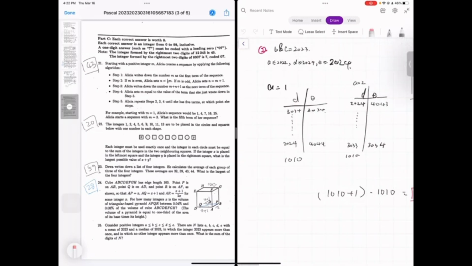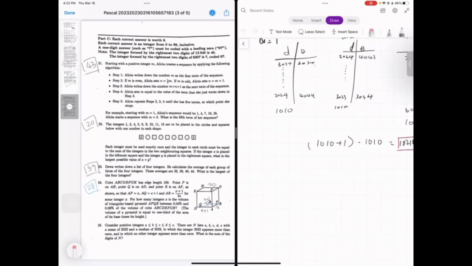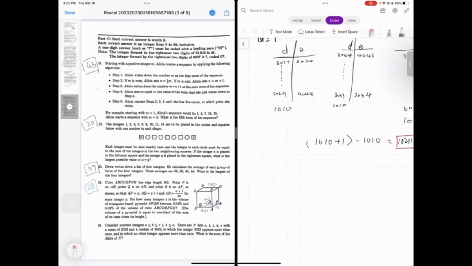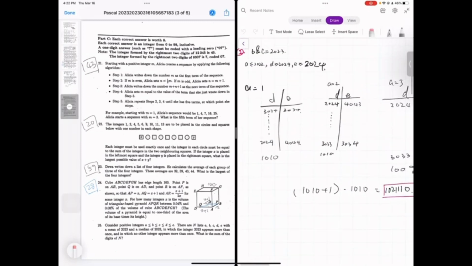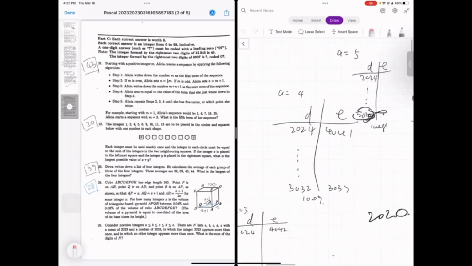You can start from when A is 1, and after counting we know that there are 1010 ways. When A equals 2 there are also 1010 ways. When A equals 3 there are 1009 ways, and when A equals 4 there are also 1009 ways.